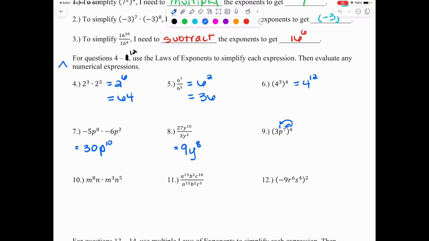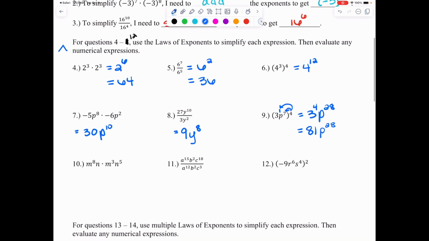So 3 is going to stay 3, but then we do 4 times 1, so it'll have an exponent of 4. That 4 has to go to the coefficient as well. Then we keep our base of p, and 4 times 7 makes 28. We can evaluate 3 to the 4th by doing 3 times itself 4 times, which is 81 p to the 28th.